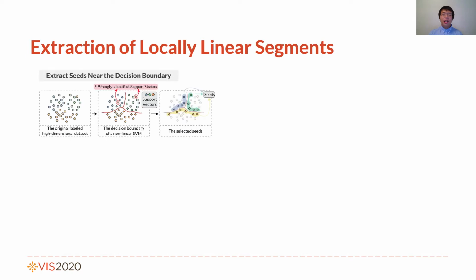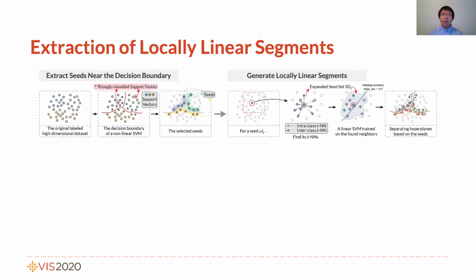To extract these segments, we first utilize the power of nonlinear support vector machines to construct a set of seeds near the discrete boundary between classes. By using the support vectors from the support vector machine model as seeds, each support vector is further expanded in the local region to generate a linearly separable set.